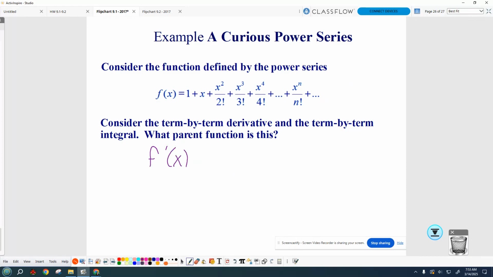Kyle, what's the derivative of this series? 0, 1, x, and then x squared, and then x to the third. All the denominators just go away?